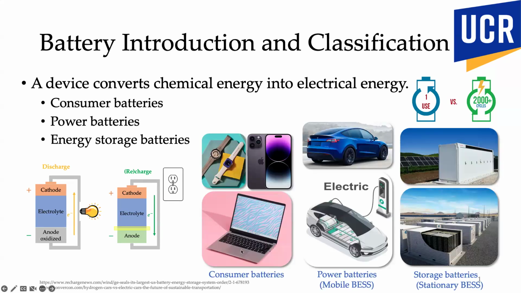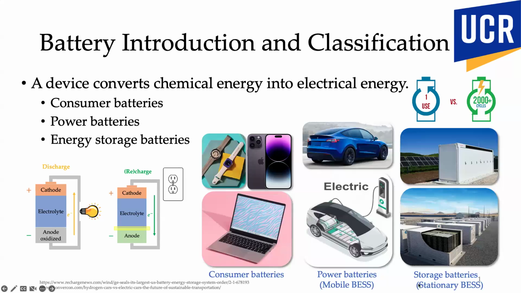As the figure shows here, phones and laptops are all called consumer batteries. For electric vehicles, those battery packs underneath the vehicle we call power batteries. Power batteries also refer to mobile BESS, meaning mobile battery energy storage system.